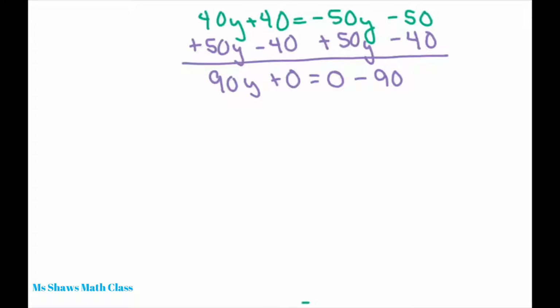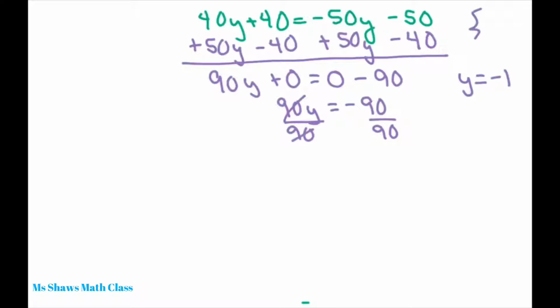That means using your zero property, you get 90y equals negative 90, and clearly y equals negative 1, or you can use your division property and divide both sides by 90. So that crosses out and you get negative 1. So your solution set should be negative 1.